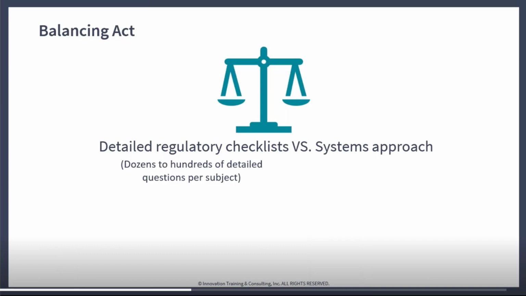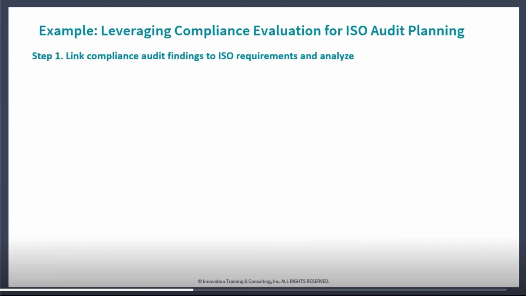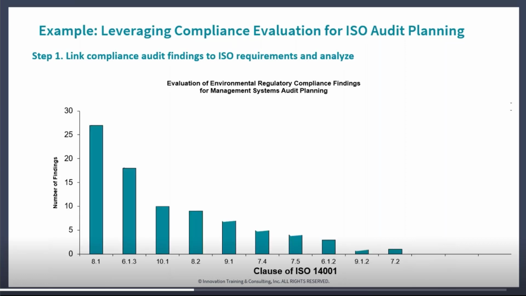An example of that is taking the compliance audit report and linking it to the standard and trying to start to analyze that. In this case, this was an environmental compliance audit report, and we did a Pareto chart. These are findings.